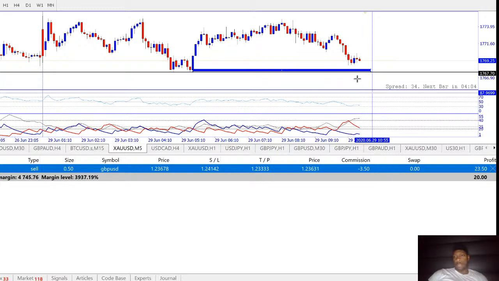So those are the 2 or 3 options that gold could do. But right now I'm looking at what gold does around this area.